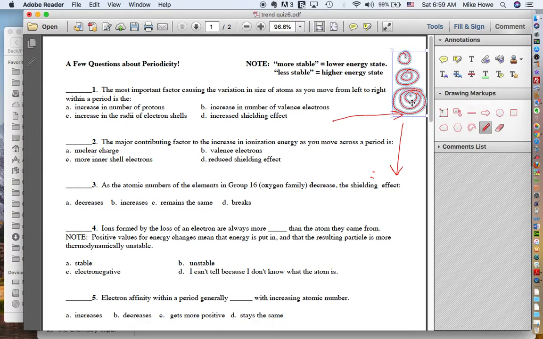If you look at the inside of these energy levels, the electrons here and here and here and so on are going to push away on this. That makes the atom get bigger, but it also makes the energy required to remove an electron get smaller. It makes them less attractive to electrons because the inside is pushing the outside away. So hopefully that helps with the first three questions.